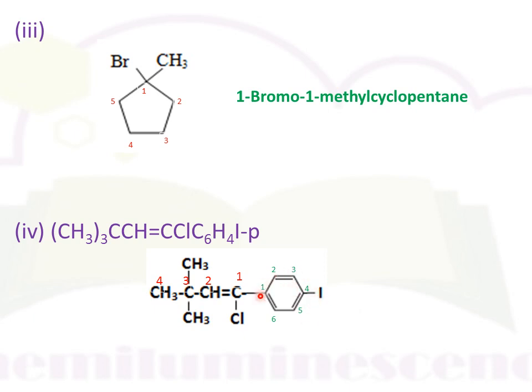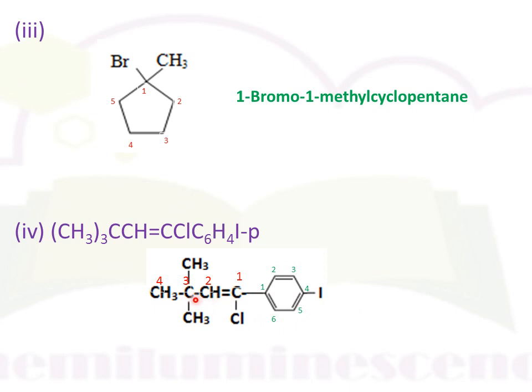Hence the name of this substituent is 4-iodophenyl. In the IUPAC name, benzene is indicated by phenyl. Hence the first substituent name is 1-chloro, the second substituent name is 4-iodophenyl, which is again attached at carbon 1. Hence its name is written in brackets.